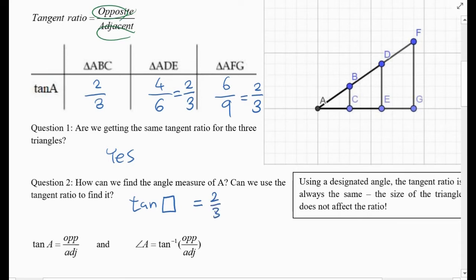How do you change 2/3 to a decimal? If you put 2 divided by 3 in your calculator, you get 0.6 repeating, right? Now we're going to find the angle measure in degrees, the angle that has the tangent ratio 0.6 repeating.